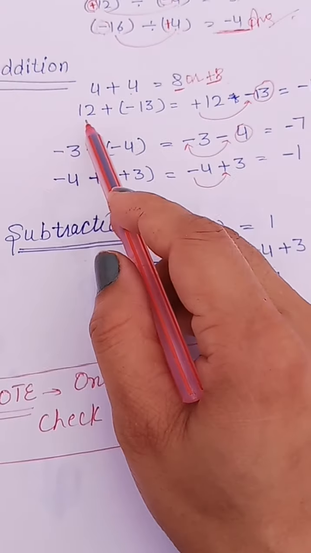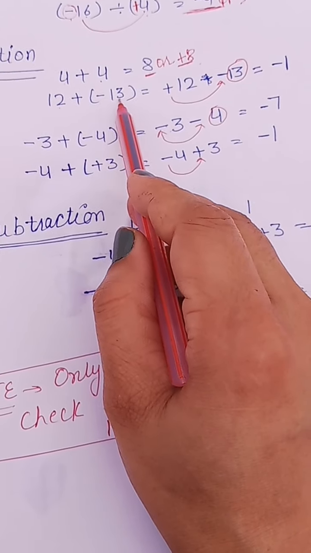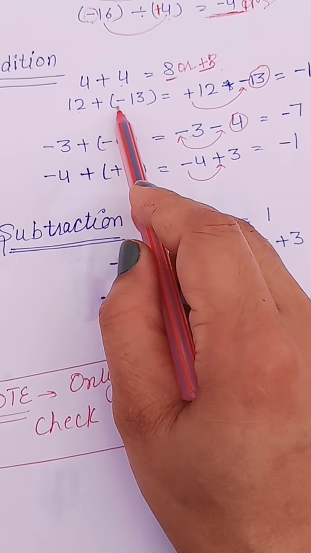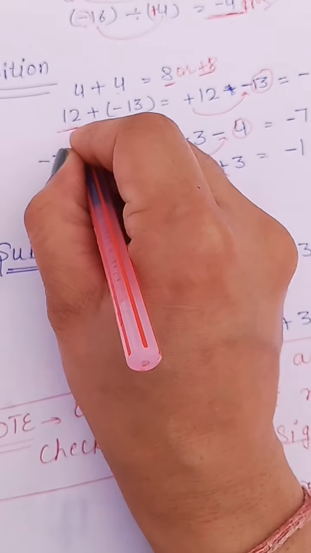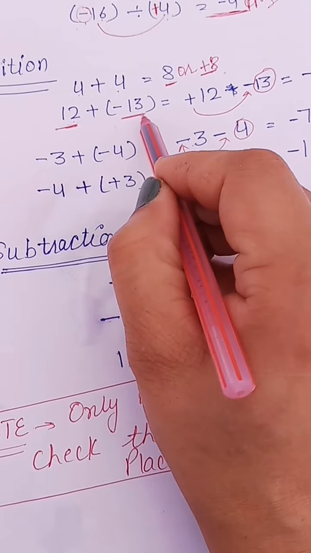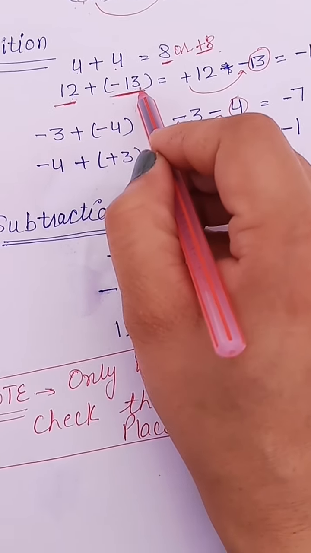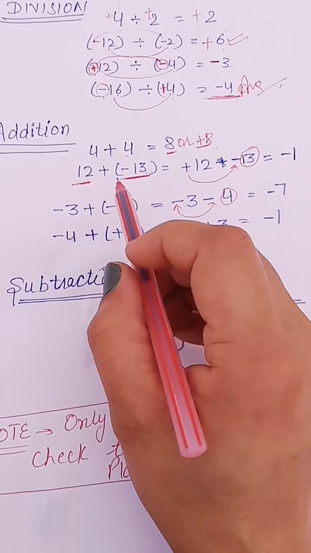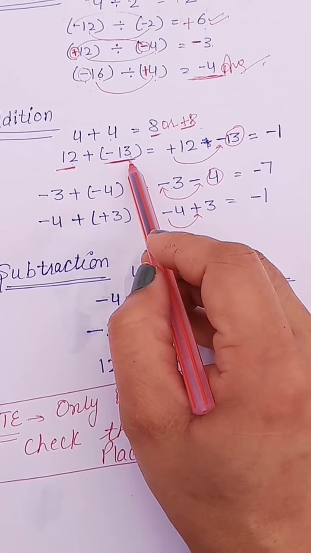Clearly? Second rule is, the first number is in positive form, the second number is in negative form, and we have to add these two numbers. The first number is 12, the second number is -13. We have to add these two numbers. Then how will we add? Firstly, you have to remove this bracket.